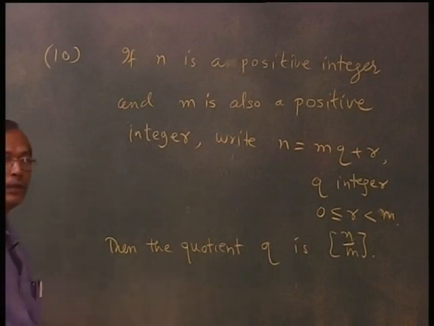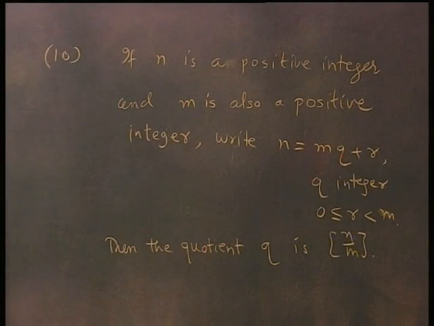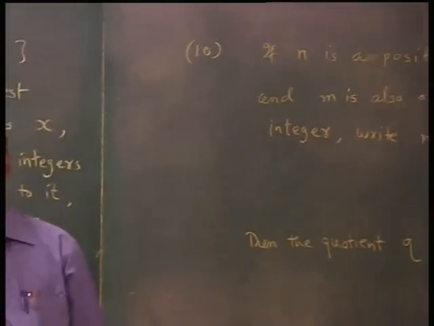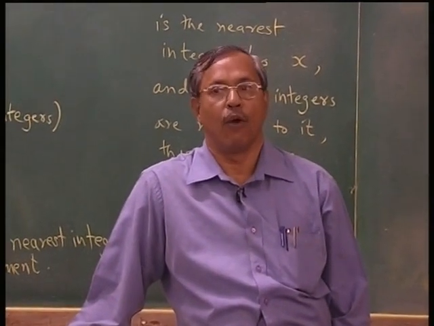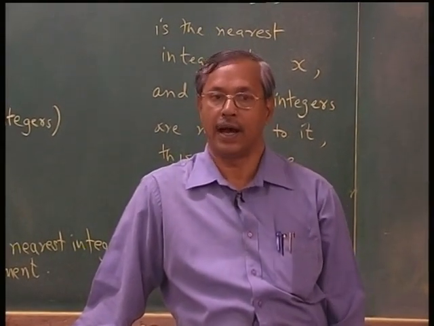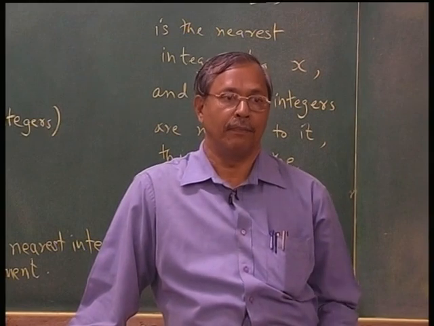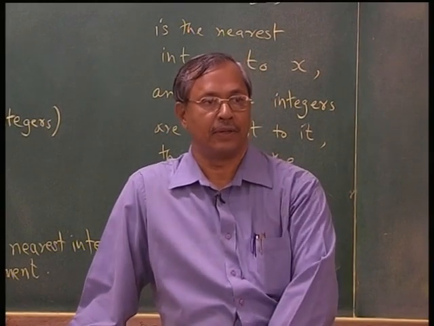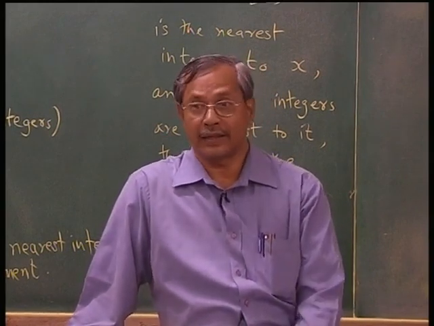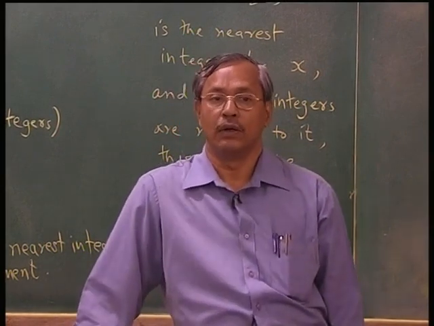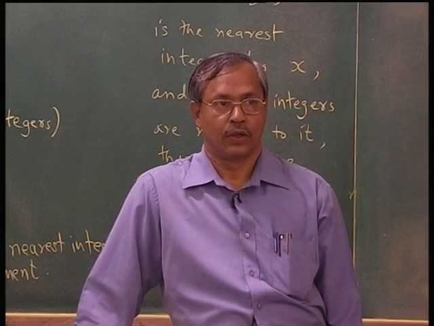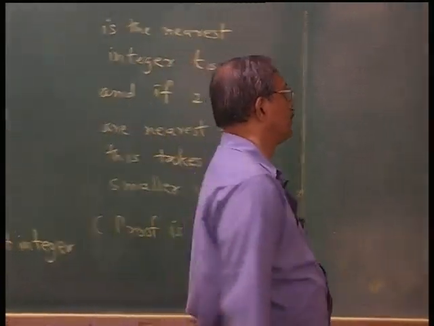But another way of looking at this same statement is, suppose you are asked this question: how many multiples of m are there which are less than or equal to n? Like m, 2 times m, 3 times m, etc. What is the largest multiple of m which is less than or equal to n?